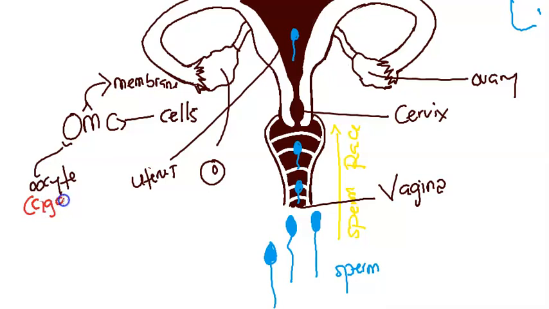So we are done with this part. What about the membrane? The membrane is called the zona pellucida. What about the cells? The cells are called the corona radiata.